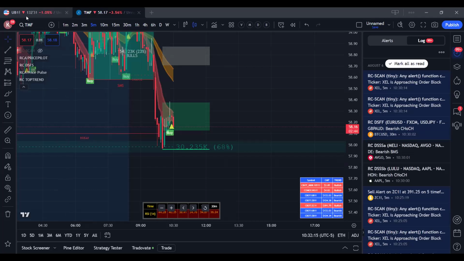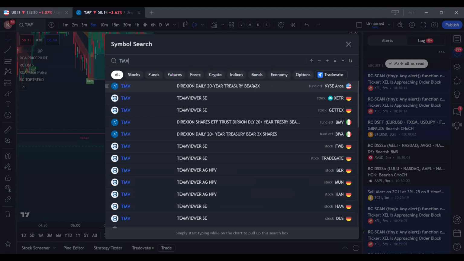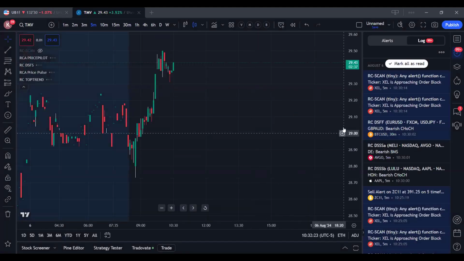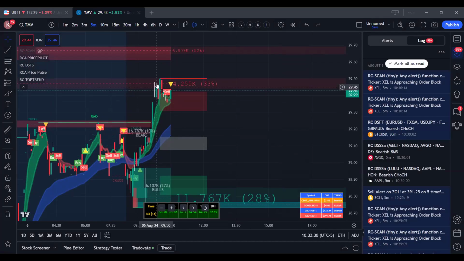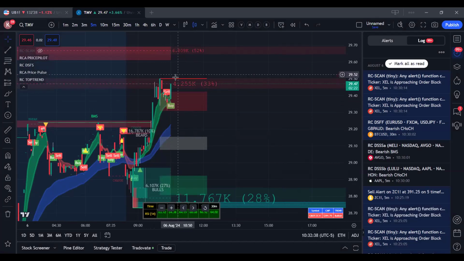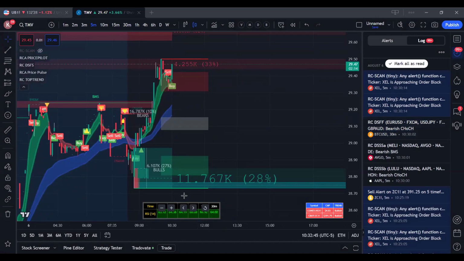But we also just look at TMV. Now it is at the top. It may do a double top. There is a sell order block. So it may touch that. Maybe it may touch this, or it may go till here and then start dropping. There is a buy here. So when TMF is at the bottom, TMV will be at the top.